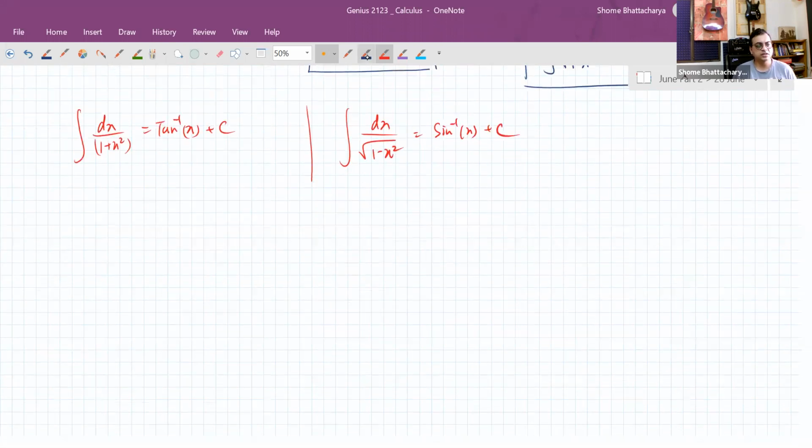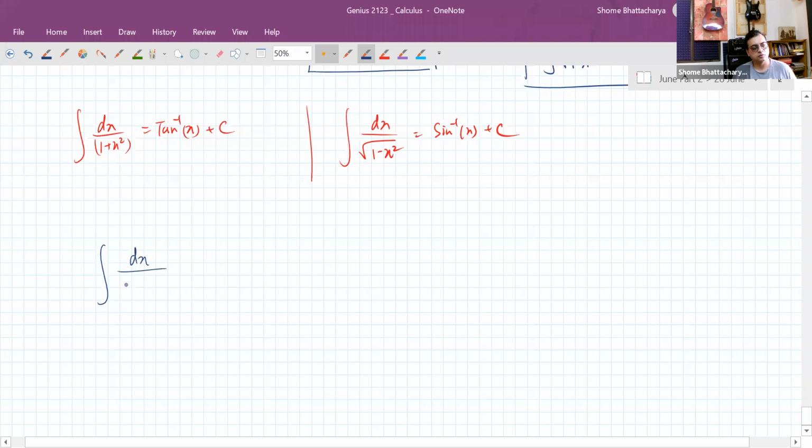Okay, so these integrations can also be understood in a slightly more manipulative manner. Okay, so for example, we have something like this, where a is a constant.